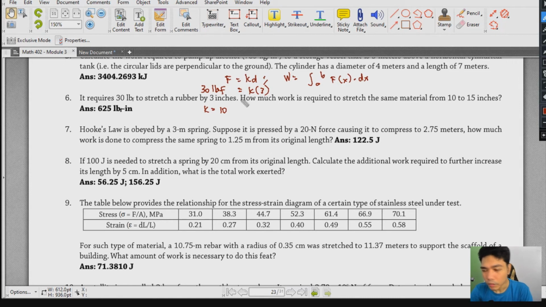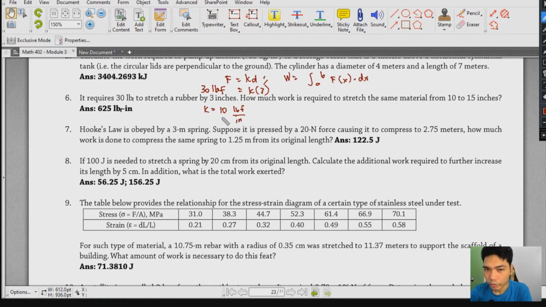The unit is 10 pound force per inch. It could also be pound force per feet. Just make sure that when you use this equation, you are using consistent units. Okay.